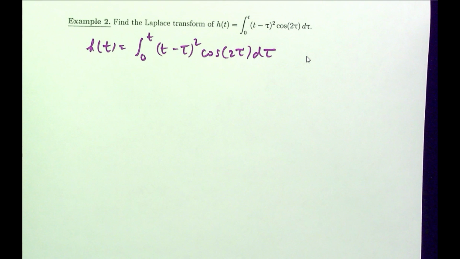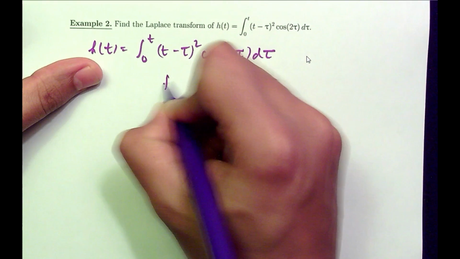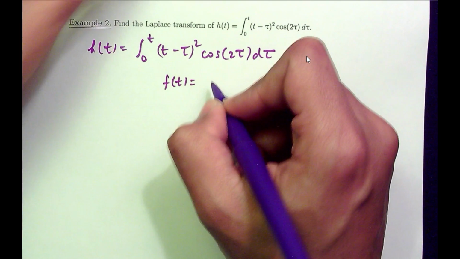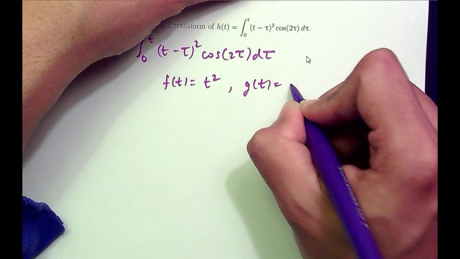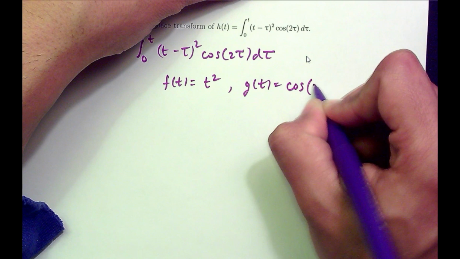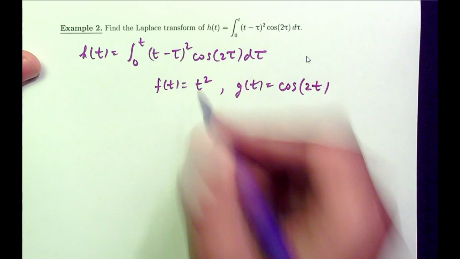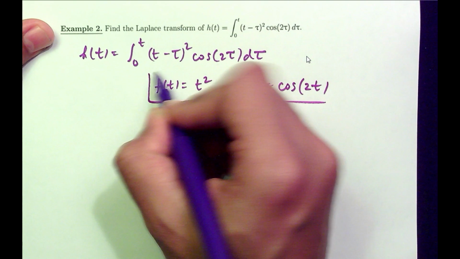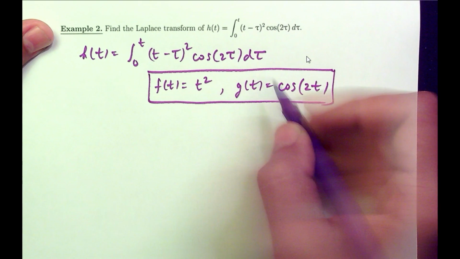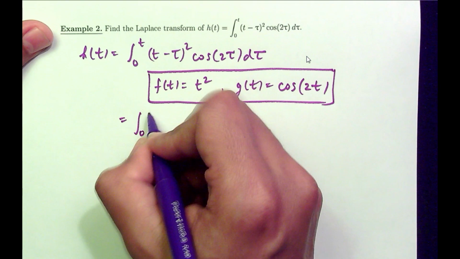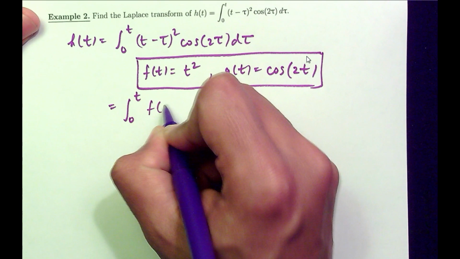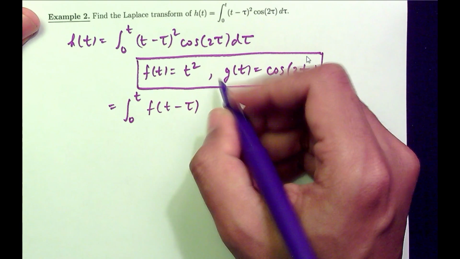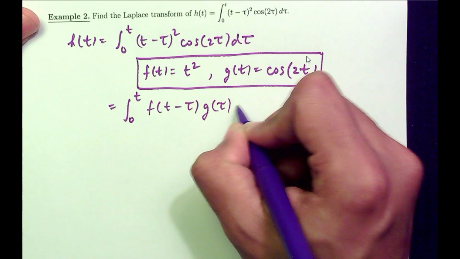If I let f of t be the squaring function and g be the cosine of double angle, we can rewrite this integral as the integral from 0 to t of f evaluated at t minus tau, g of tau d tau.